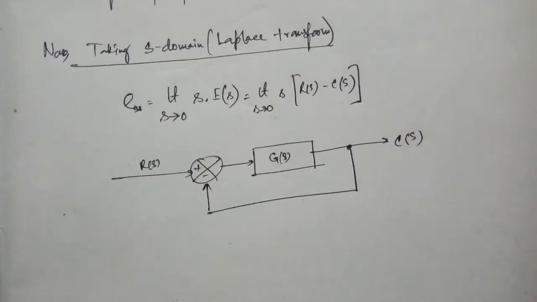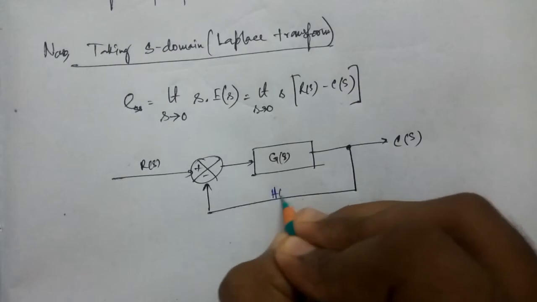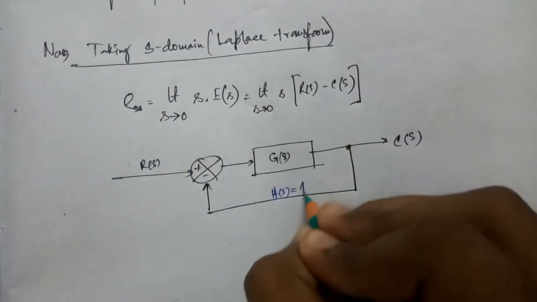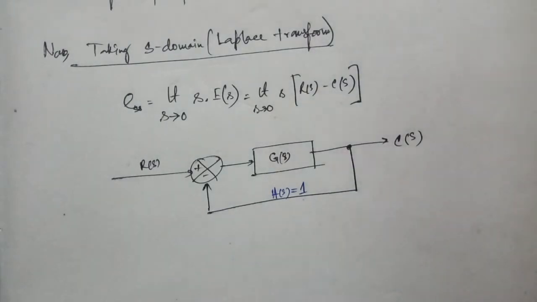Basically in 90% of cases in the exam it will be told to take unity feedback. So I am directly deriving the formula taking unity feedback. So in this case H(s), the feedback, will be 1, unity feedback. Why I am taking that, I have told you. So now let us find the formula.